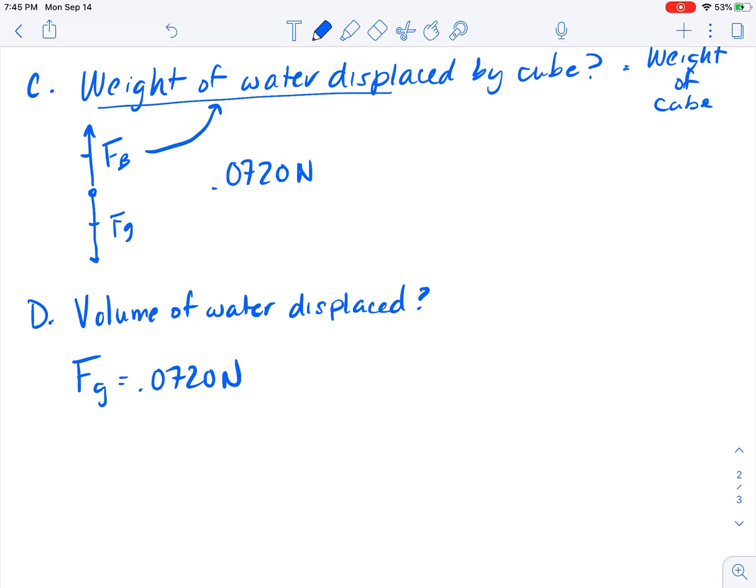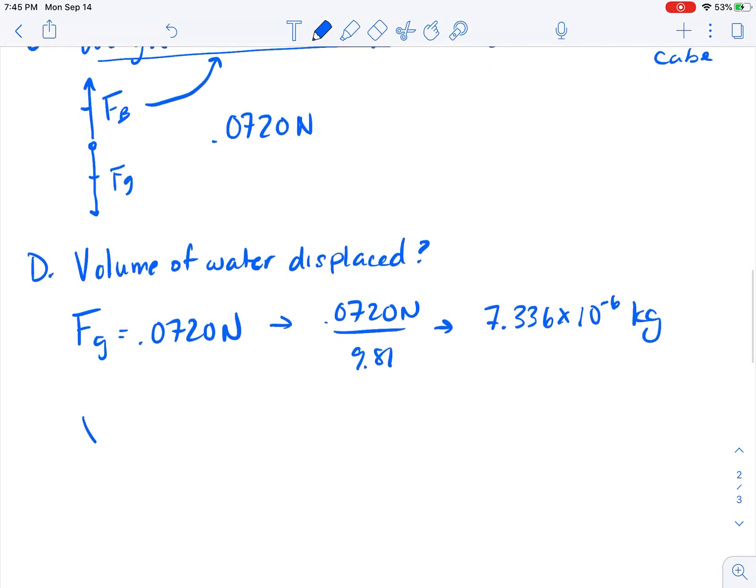And I would be able to convert that back into mass. If I take 0.0720 newtons and divide by 9.81, I will get back to 7.336 times 10 to the negative 3rd kilograms. And then to find the volume, I'm going to take the mass divided by the density.